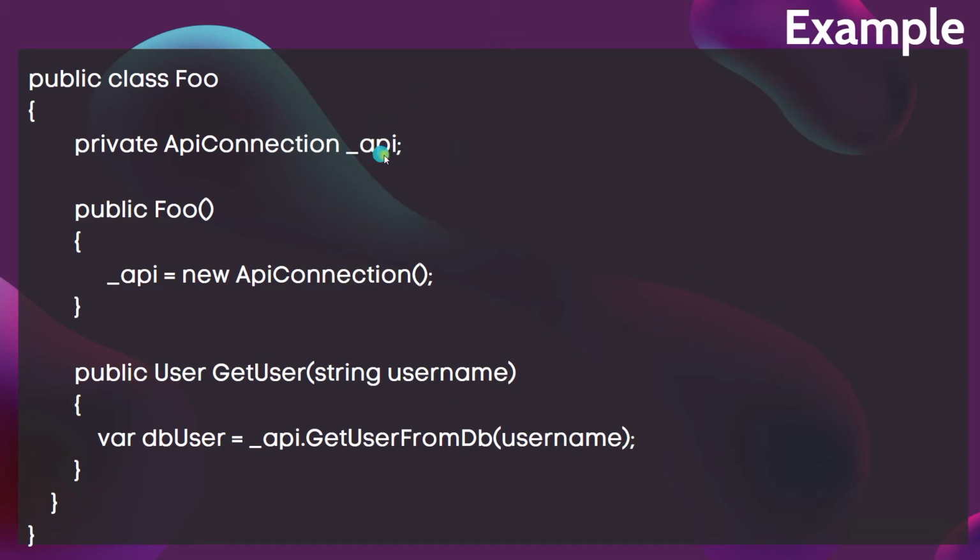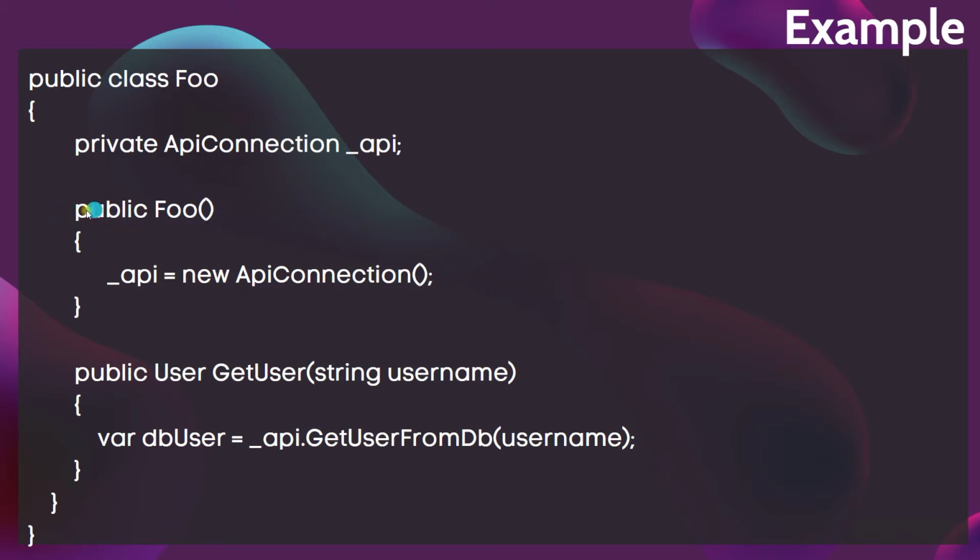The name is irrelevant. That can be anything. It's just a variable. The data type for our _API field is another class called API connection, and that's probably defined somewhere else. We don't have to know what it is. We just know that _API is of type API connection.